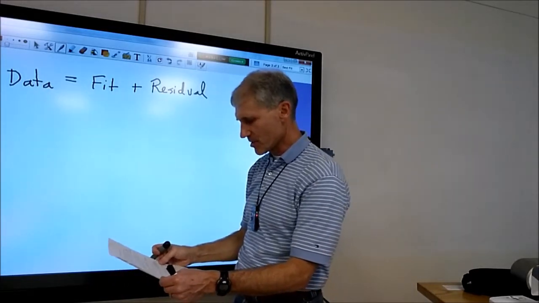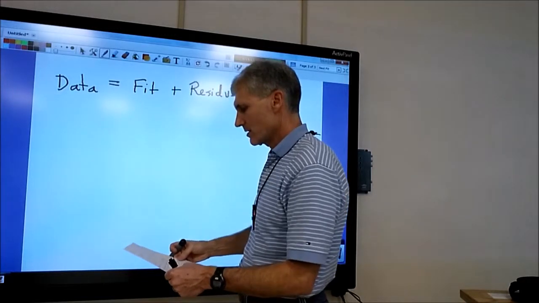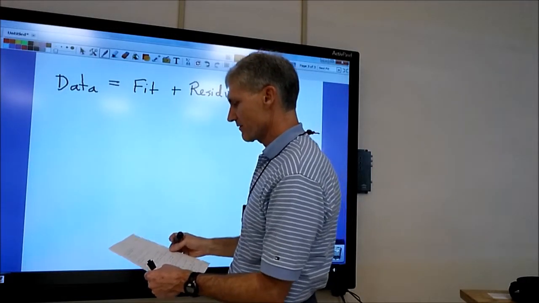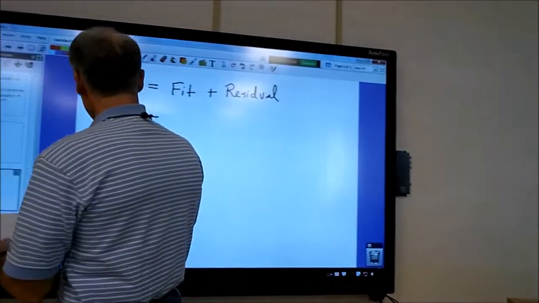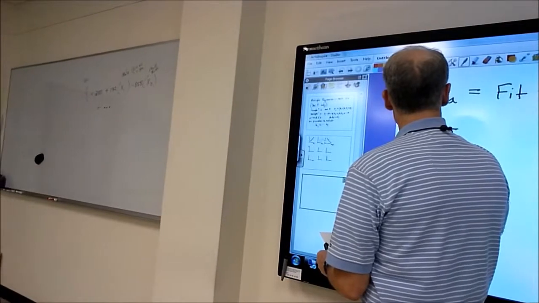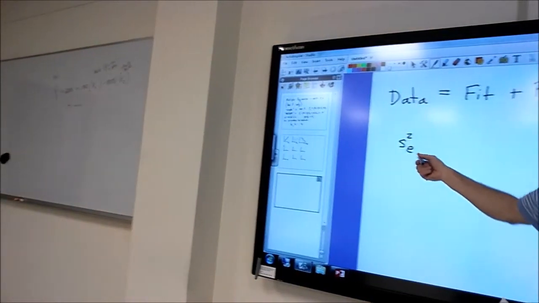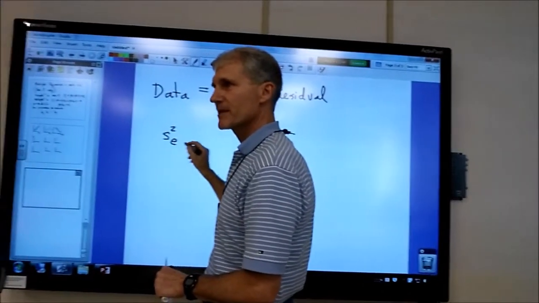So the idea is to come up with the fit part of it, and then the error, minimize the amount of error. Okay? So the variance of the residuals. Remember this notation from last time?